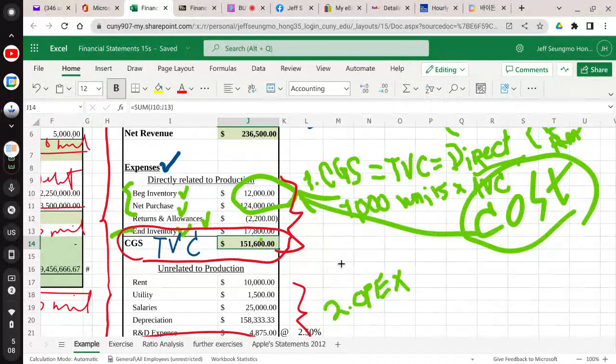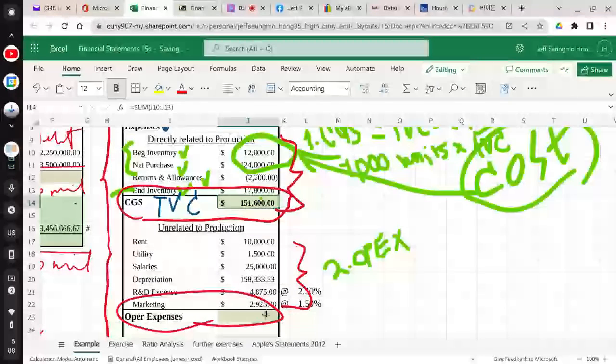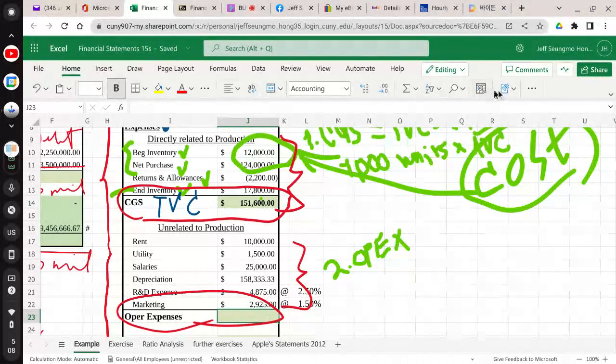And then you can do the same here, all the operating expenses and all the line items in the operating expenses. There you go.